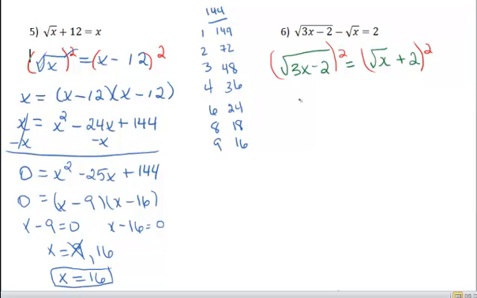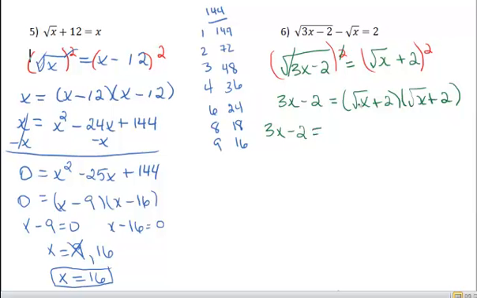When I square both sides on the left, these go away, and I get 3x minus 2. But on the right, I get the square root of x plus 2 times the square root of x plus 2. So I have 3x minus 2 is equal to the square root of x times the square root of x is the square root of x squared, which is x.